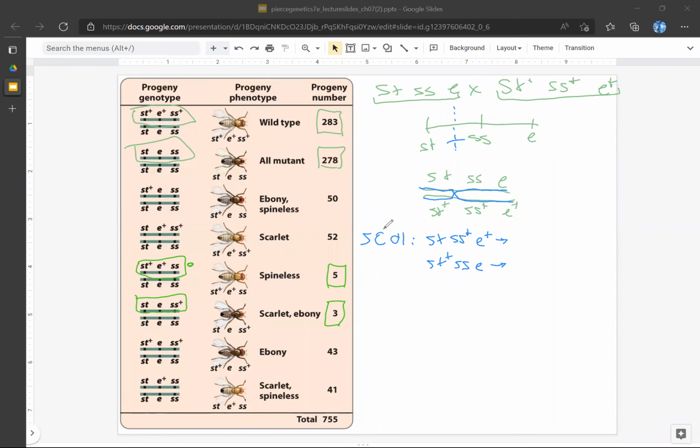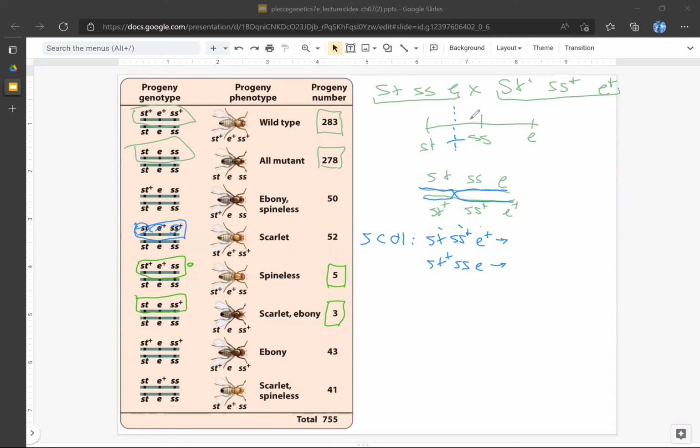And we can look back at our original progeny and determine which genotypes correspond to these two genotypes. So ST with an SS plus and an E plus, and we see that right here, ST with an SS plus and an E plus.